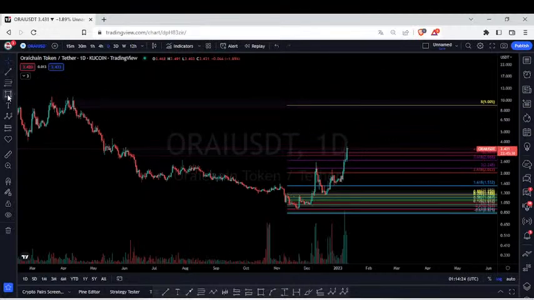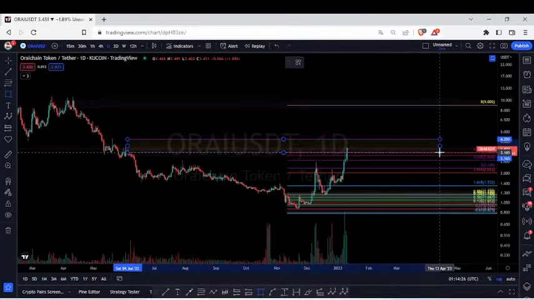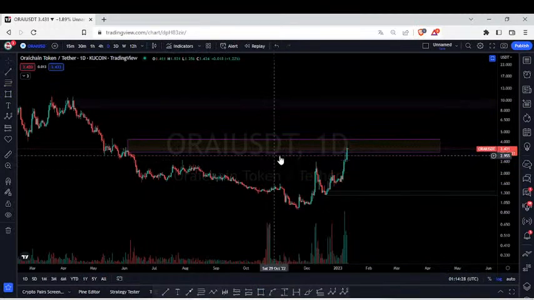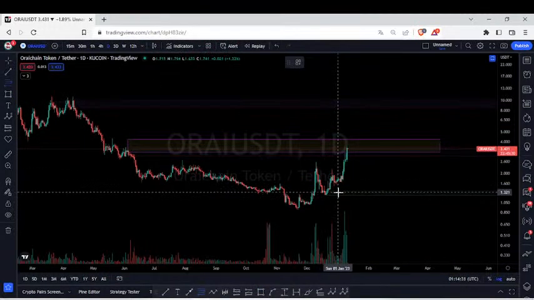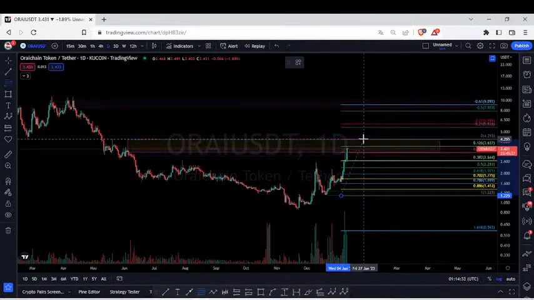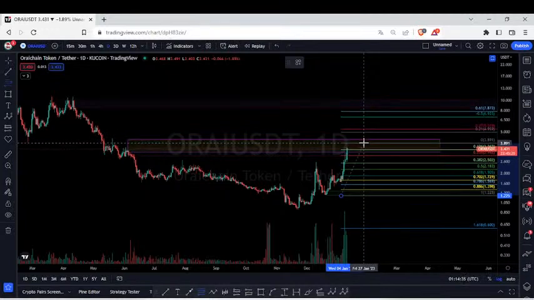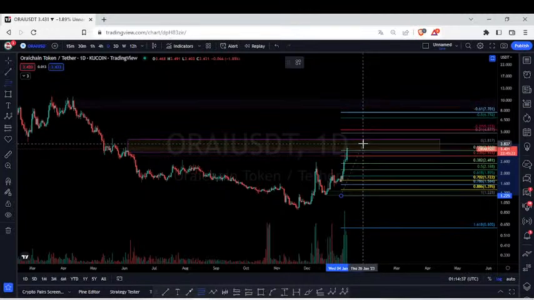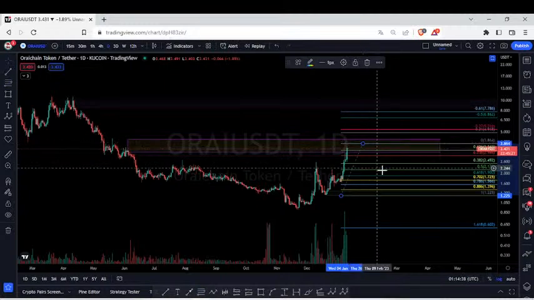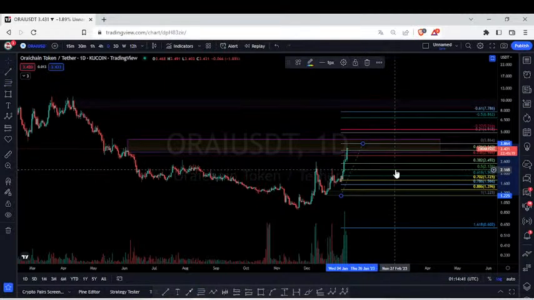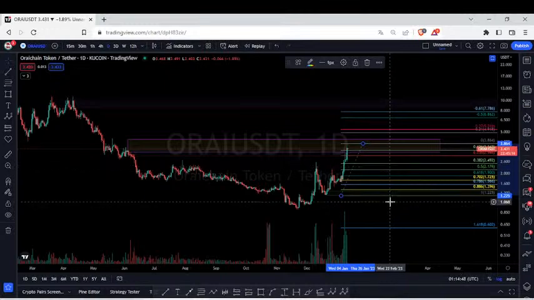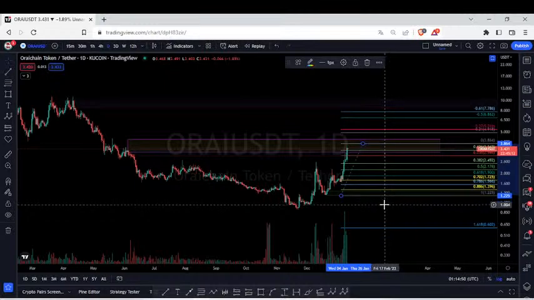I would definitely wait for it to retrace, and I'll tell you roughly where it's going to be. Hypothetically speaking, let's just say 370, 380 is the high. It's going to come back down to about $2, $2.20. At that point, I would definitely look to start accumulating this, which I'm personally going to do.